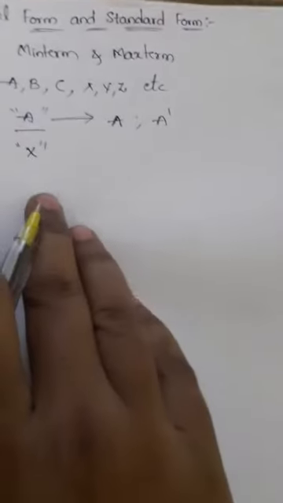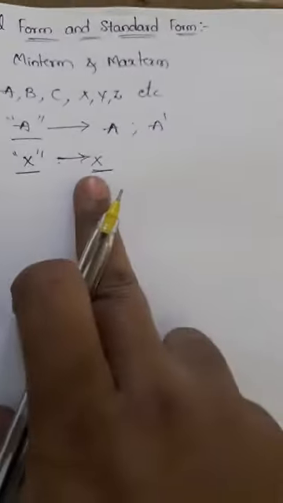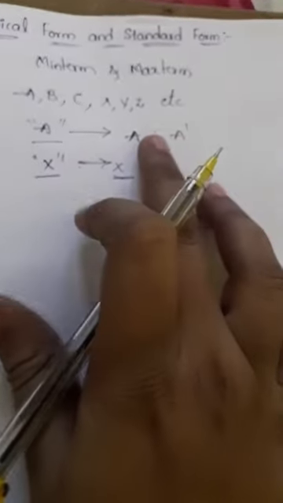Here also we consider one variable, x. In normal form it is x, and its complement form is x complement. Like this we can represent x, and likewise for a.